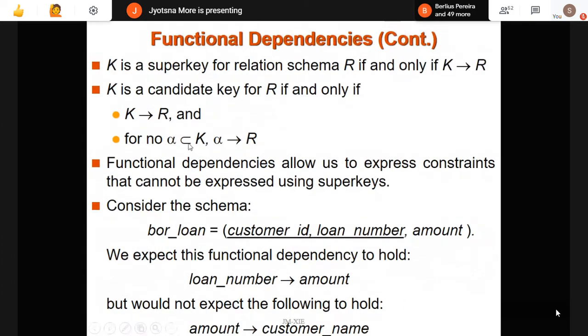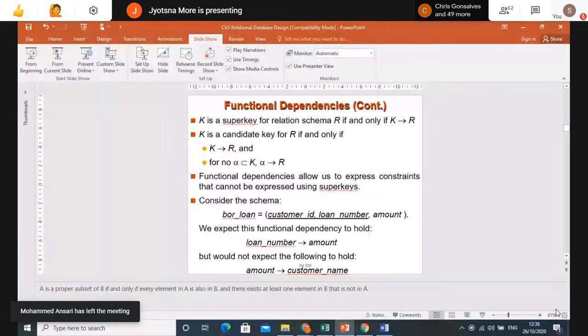A proper subset is where every attribute of alpha is present in K, but there is at least one attribute which is not there in K. I have written the definition for the proper subset here: A is a proper subset of B if and only if every element of A is also in B, and there exists at least one element in B that is not in A. It is also applicable for subset. So for a proper subset alpha of K, alpha does not determine R.